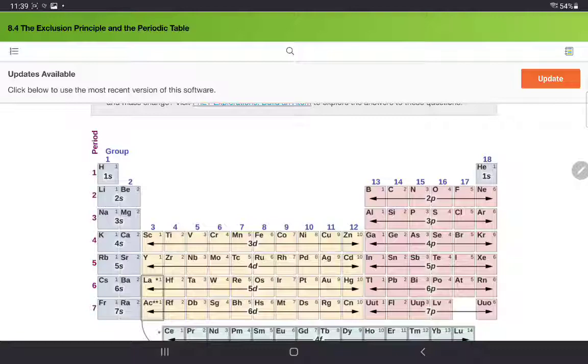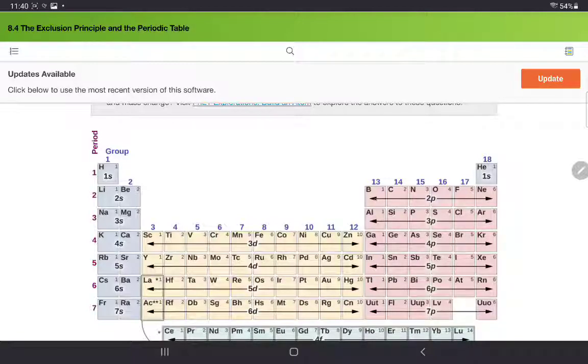So if I wanted to imagine building up nitrogen, I'd first have to add the 1s. I'd have to add another electron to 1s to make it look like helium. And then I'd add a 2s electron to make it look like lithium, and then I'd add another 2s electron to make it look like beryllium. But now I get to explore non-s subshells.